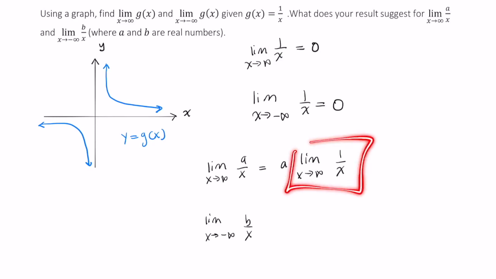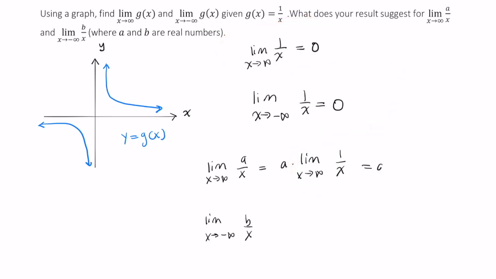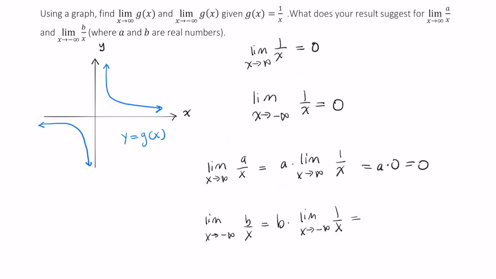I know that this limit here is 0. So this is just a times 0, which is 0. Similarly, I can rewrite the second limit as b times the limit as x approaches negative infinity of 1 over x, which, again, this limit here is just equal to 0. So this is b times 0, which is 0.